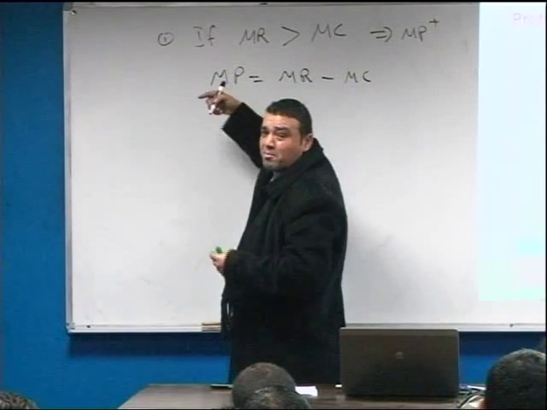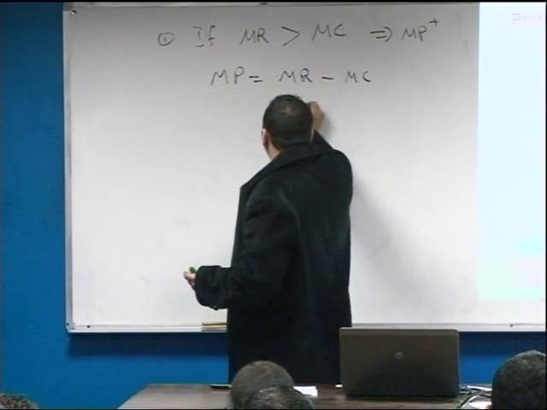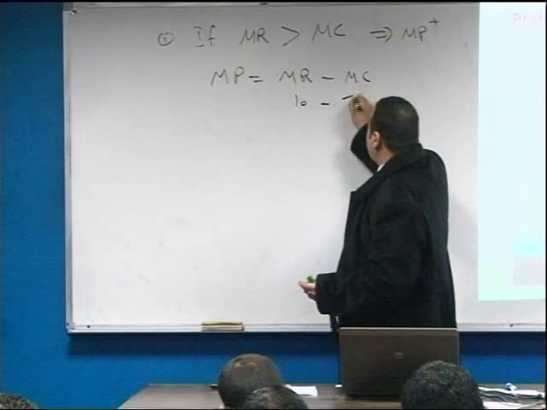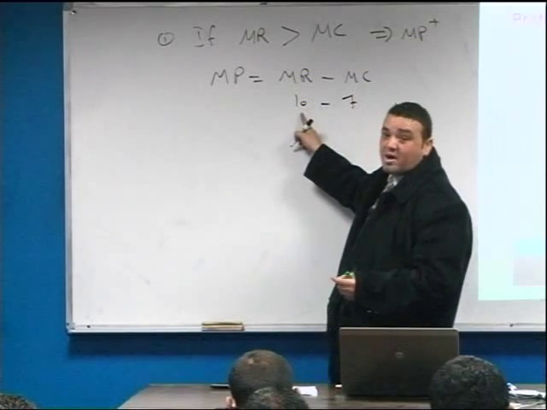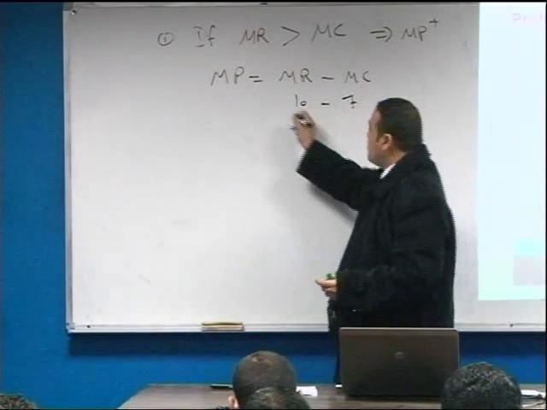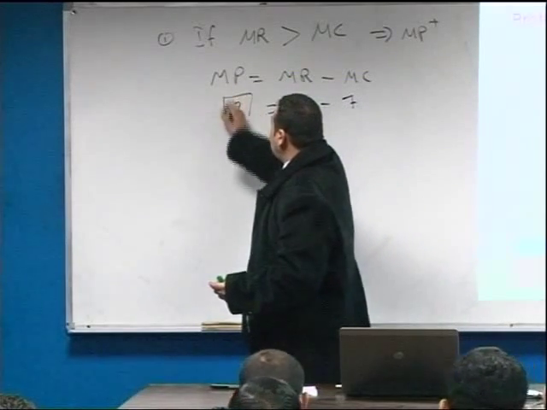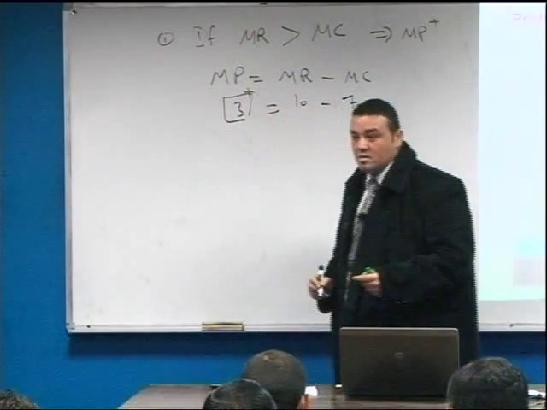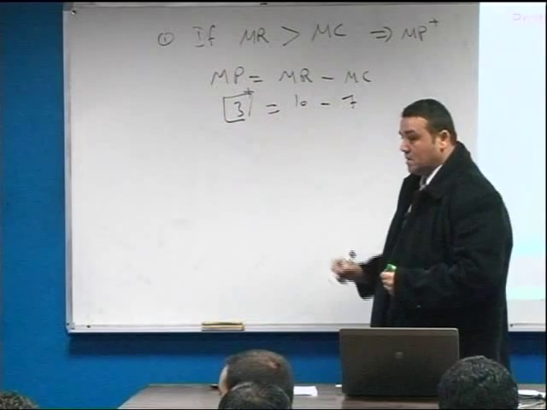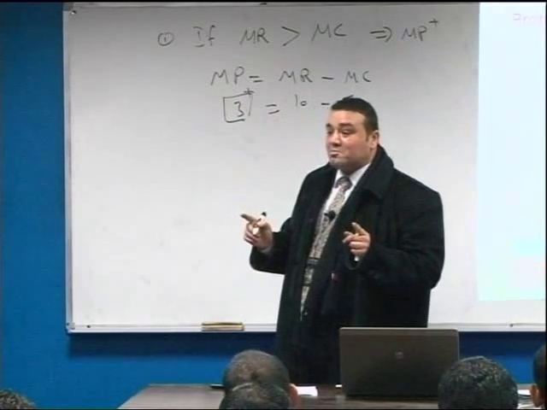Suppose the marginal revenue equals 10 and the marginal cost equals 7, so the marginal revenue is larger than the marginal cost, and MP would be positive. But it's not the profit maximization.